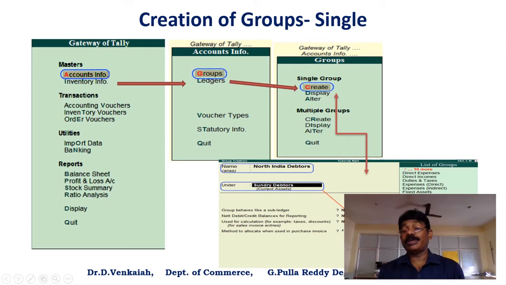Under which main group or subgroup will be selected from the drop down menu given on the right side of the window. Under which group we are going to create the subgroup or another group, we have to select. This is how to create groups under single mode. I will explain with a practical problem also, of current assets, bank accounts under State Bank of India or Punjab National Bank, under different location accounts, that I will explain later.